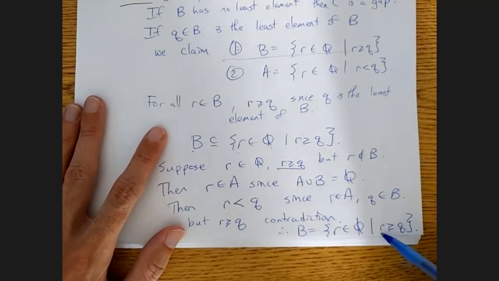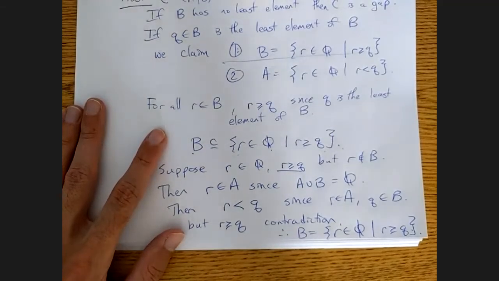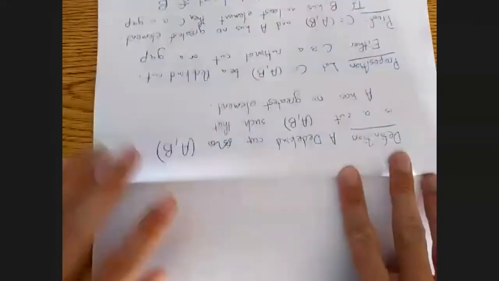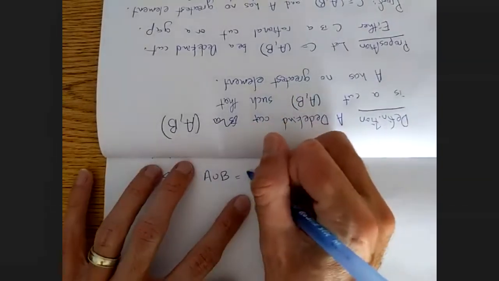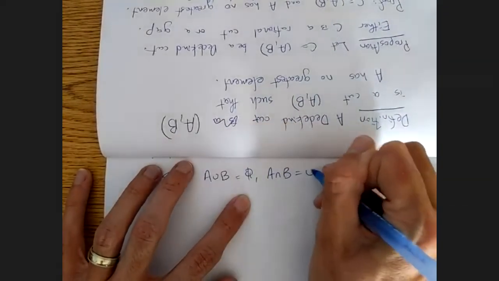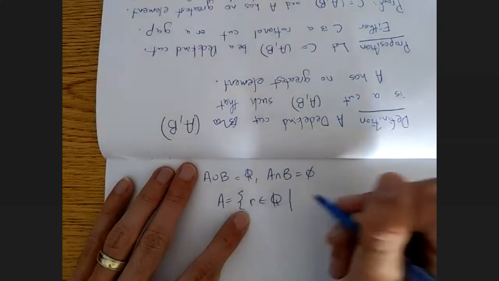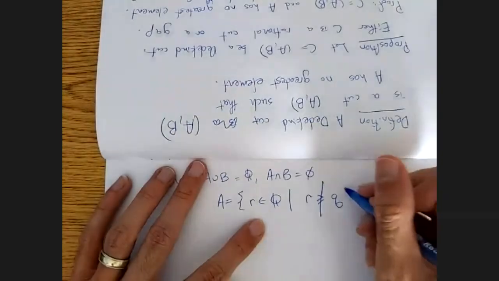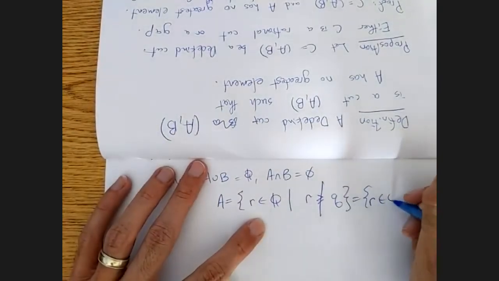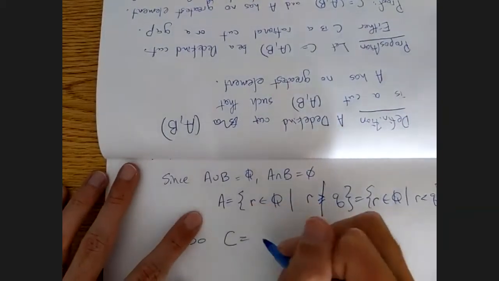Remember that every number that's not bigger than or equal to Q is less than Q. So now, since A union B equals the rationals and A intersect B is the empty set, A is just the rationals that are not bigger than or equal to Q. That's just the rationals that are less than Q, as required. So in this case, C is the rational cut CQ.